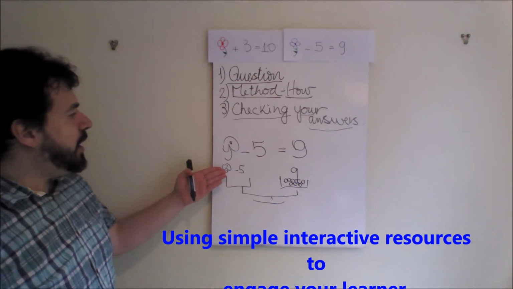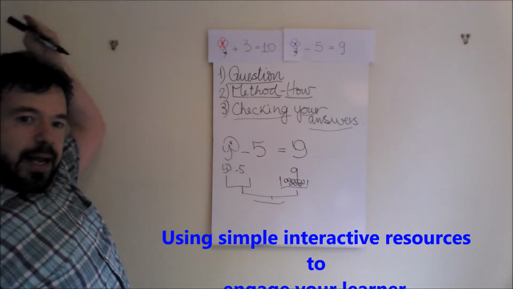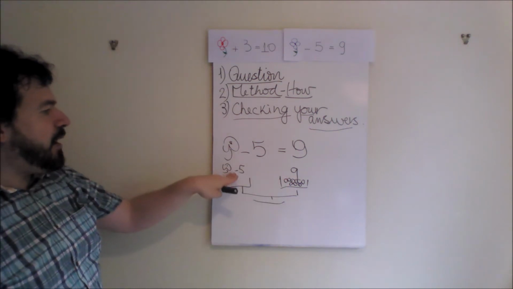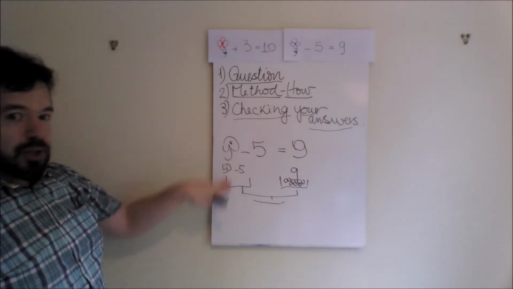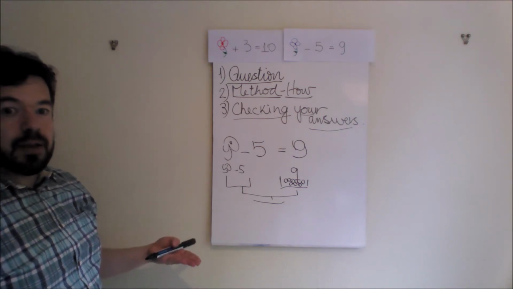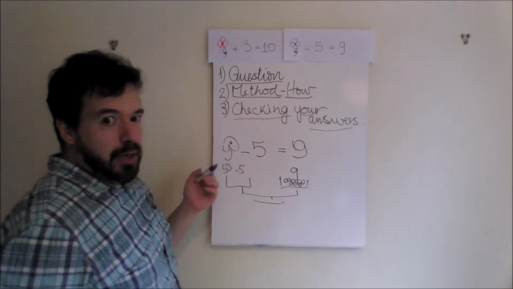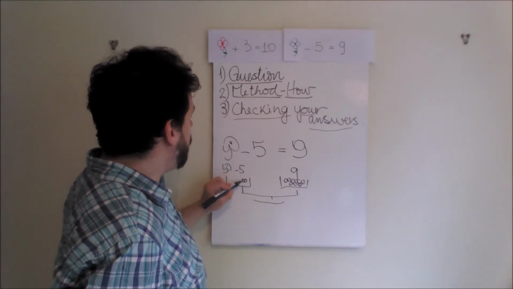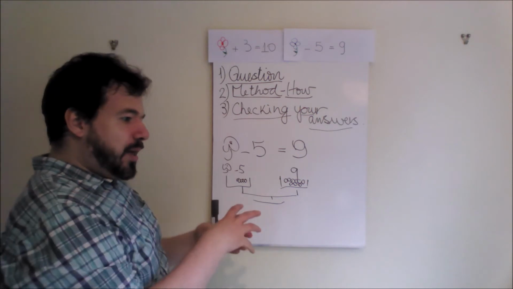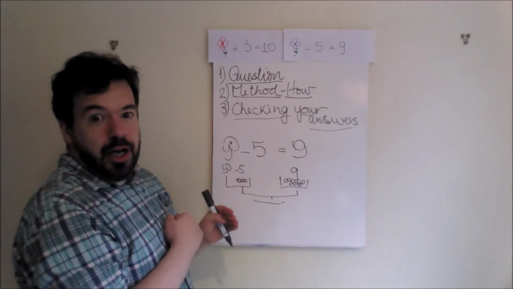So I have a number here which, taking 5 away, will give me 9. So this here should be heavier. How much heavier? You can do it empirically, you can try 1, 2, 3, 4, 5, and try lots of combinations. It has to be more than 9.